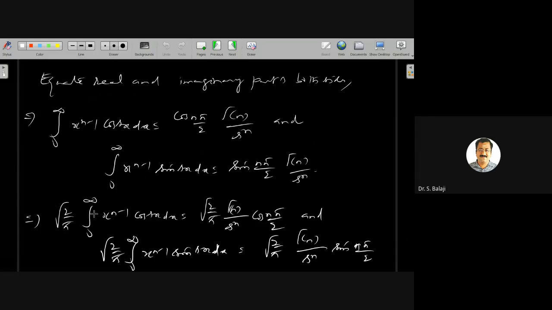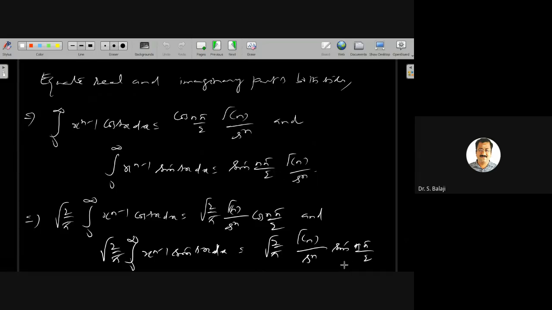Multiply both sides by root of 2/π for the first one: root of 2/π times the integral from 0 to infinity of x^(n-1) cos(sx) dx equals root of 2/π Γ(n)/s^n cos(nπ/2). Here also multiply by root of 2/π for the sine integral, and so on.